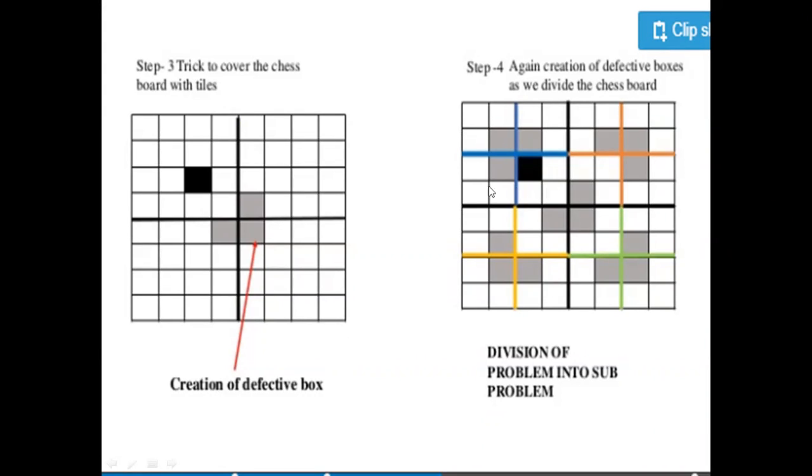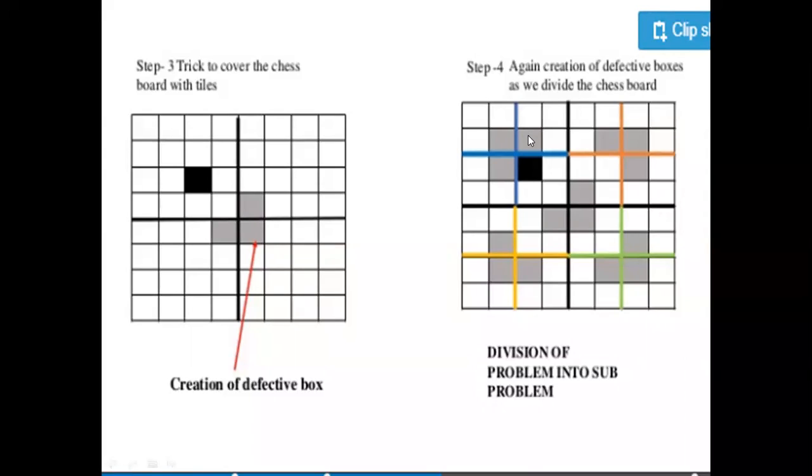The sub-problem is solved by dividing into four 2 by 2 chessboards. That is, here a 4 by 4 chessboard is divided into 2 by 2 chessboards. In a 2 by 2 chessboard, only one square is the defective square.